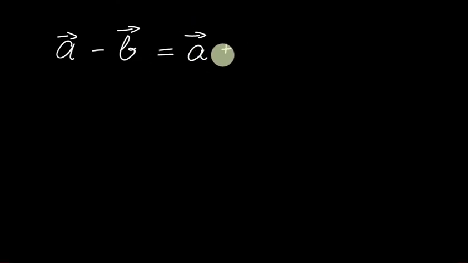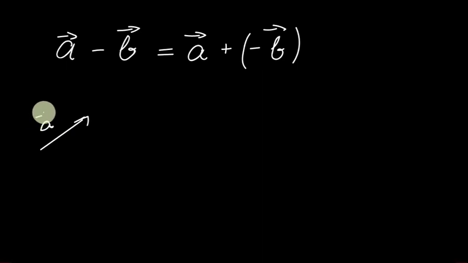Okay, so let's say you need to subtract two vectors, a vector minus b vector. How can you do that? Well, you could simply add these two vectors, because it is the same thing as adding the opposite vector of b. If you have a vector a here and a vector b here, and you want to subtract these vectors, you would need to know a rule, and this is what you would get.